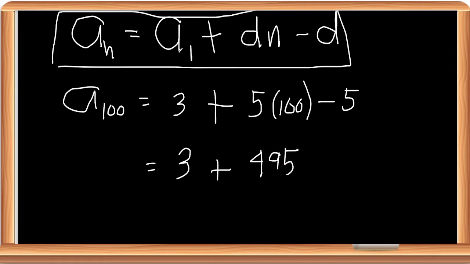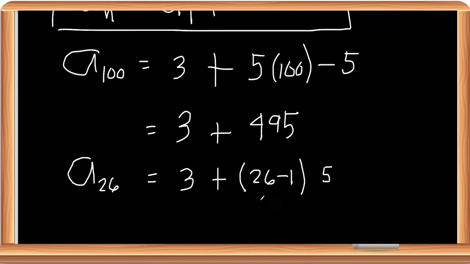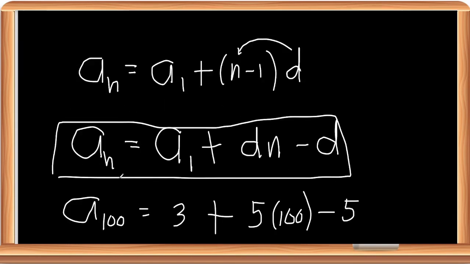So, in that case, you can use the derived formula. But if, for example, we are looking for a sub 26, or the 26th term, it is much better to use the original one. That is going to be 3 plus n minus 1, which is easier because you subtract 1 from 26 and then multiply by 5. Imagine if it were 26 times 5, and then subtracting 5, it would be harder. So, it depends on what is easier for you. But they are the same.